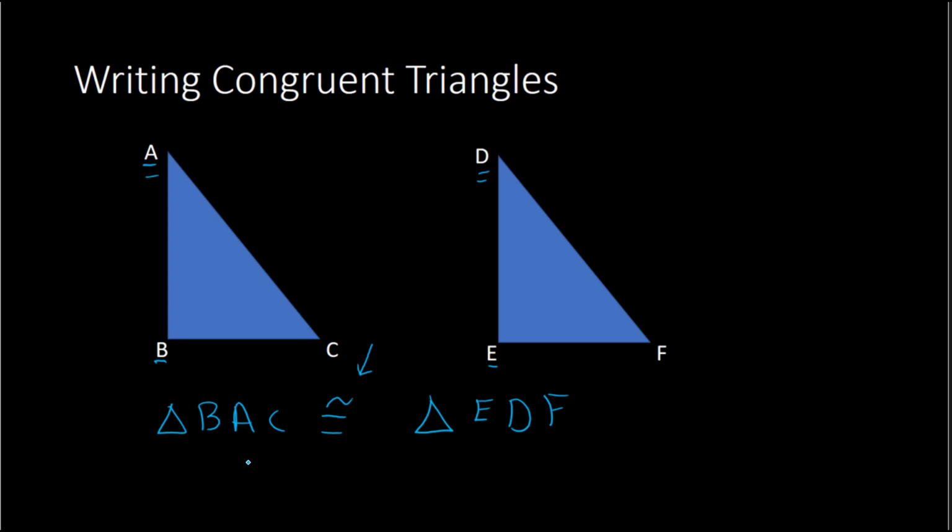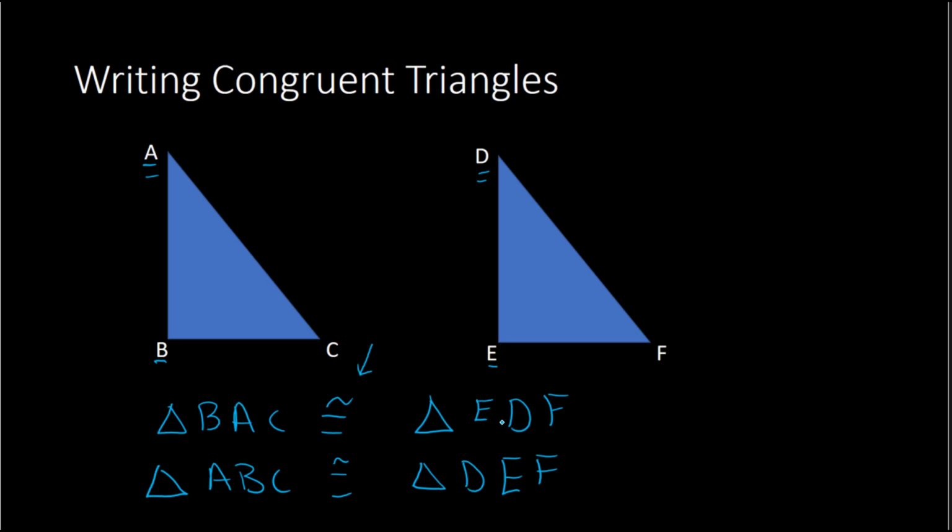Now it doesn't matter the order in which I put the first triangle, so I could be doing triangle ABC, for example. The only thing is just be careful when you write the other triangle. So again, A corresponds with D, so A was written first, D would need to be first over here. B corresponds with E, and because B came second, therefore E would come second as well. Then C corresponds with F. C came third, so F would come third as well.